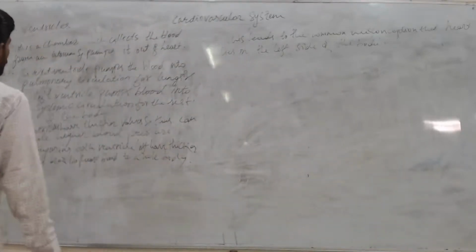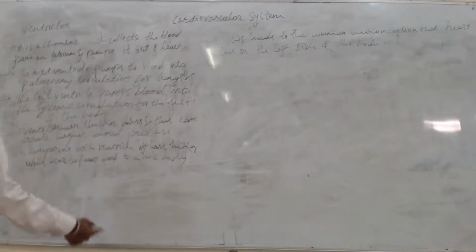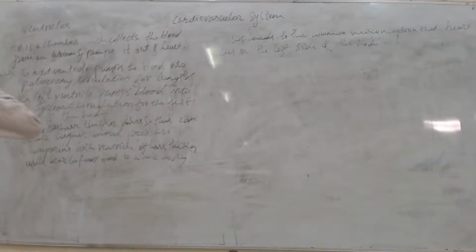Means this is about the ventricles. The ventricle is a chamber which collects the blood from the atrium and pumps it out of the heart to all parts of the body. Its function is to pump the blood out of the heart.